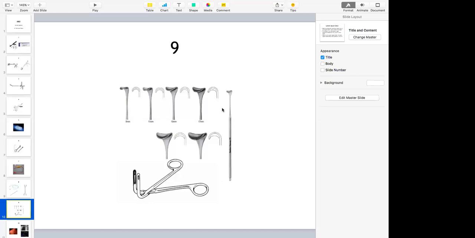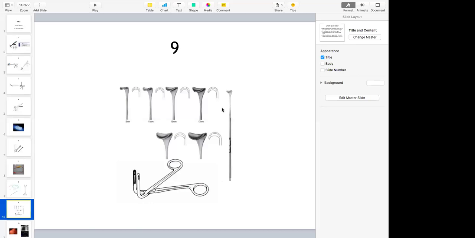Sir, PCNL can be done, and shockwave lithotripsy. PCNL first of all. Percutaneous nephrolithotomy, say the full forms. Anything else? RIRS, sir, retrograde intrarenal surgery. Somebody said endoscopic shockwave lithotripsy.